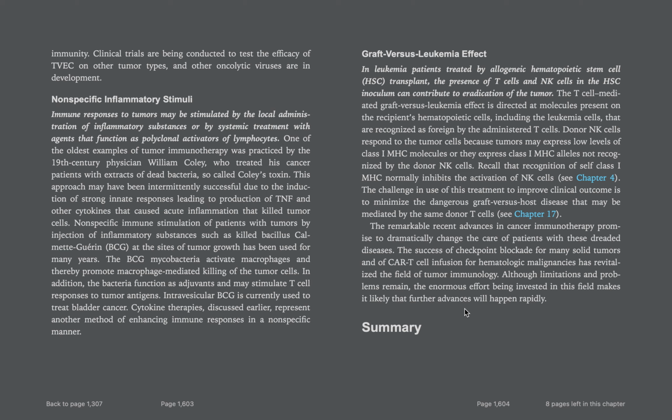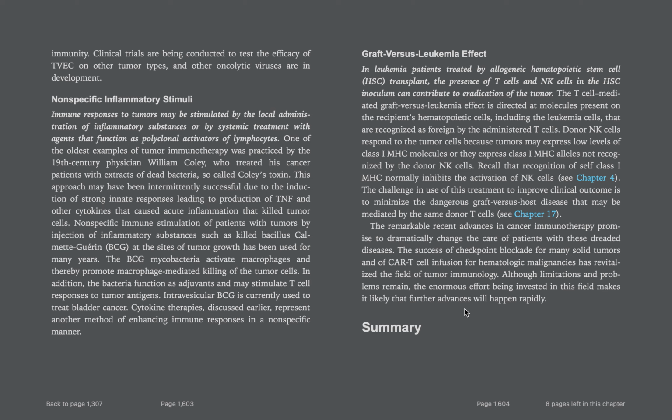Clinical trials are being conducted to test the efficacy of T-VEC on other tumor types, and other oncolytic viruses are in development. Non-specific inflammatory stimuli. Immune response to tumor may be stimulated by the local administration of inflammatory substances, or by systemic treatment with agents that function as polyclonal activators of lymphocytes.